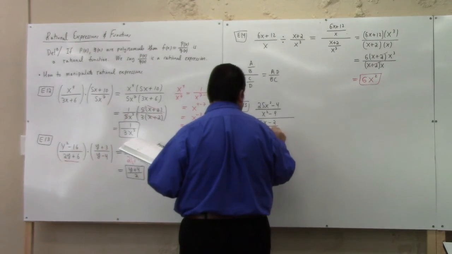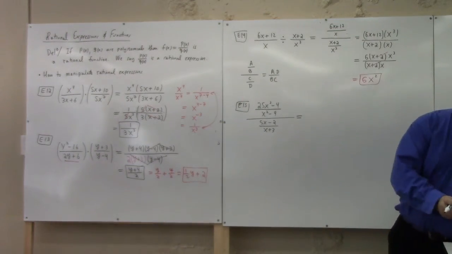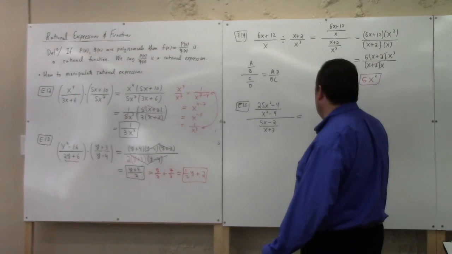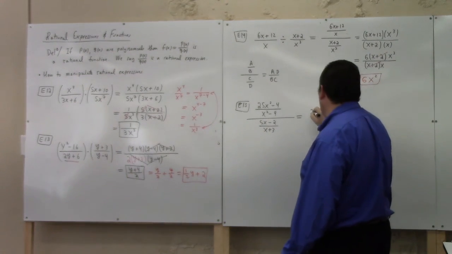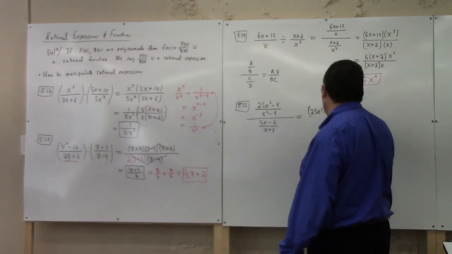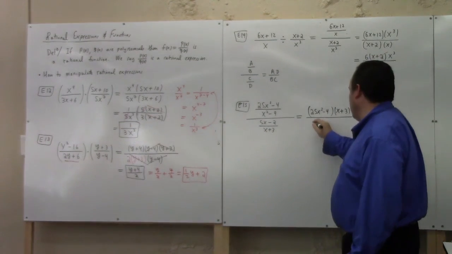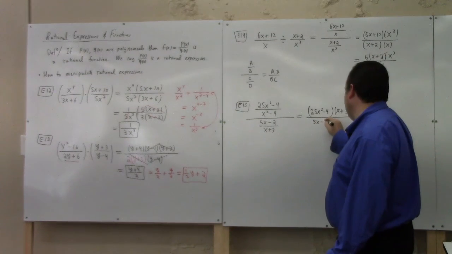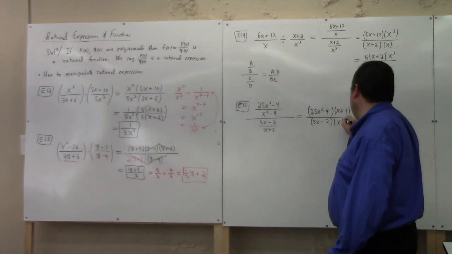How do we deal with this guy? So we do 25x squared minus 4 times x plus 3 and 5x minus 2 times x squared minus 9.